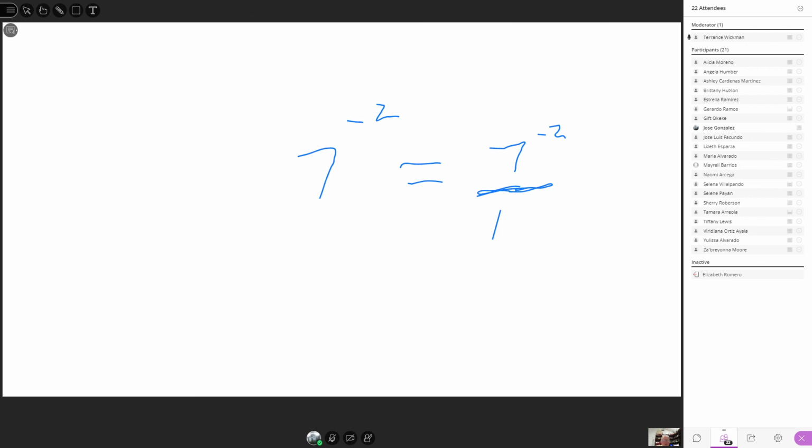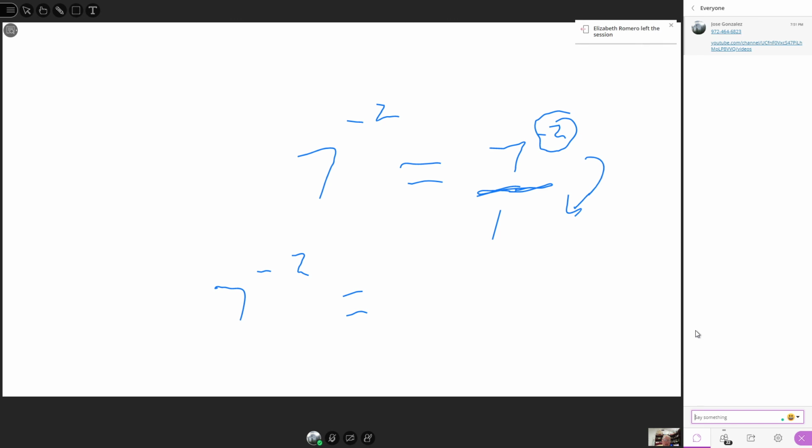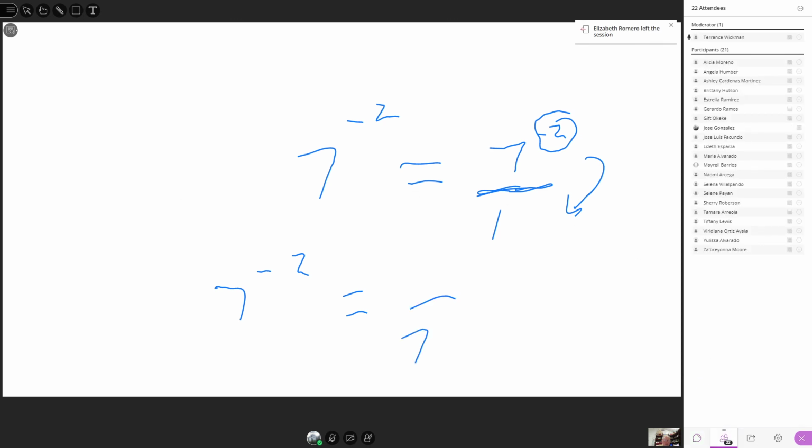What happens is this exponent will become positive if it crosses the line. So 7 to the negative 2 power, in fact, is 1 over 7 squared, which is equal to 1 over 49.